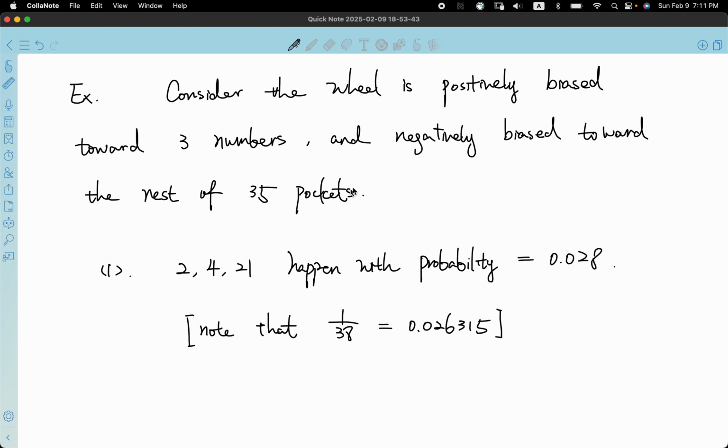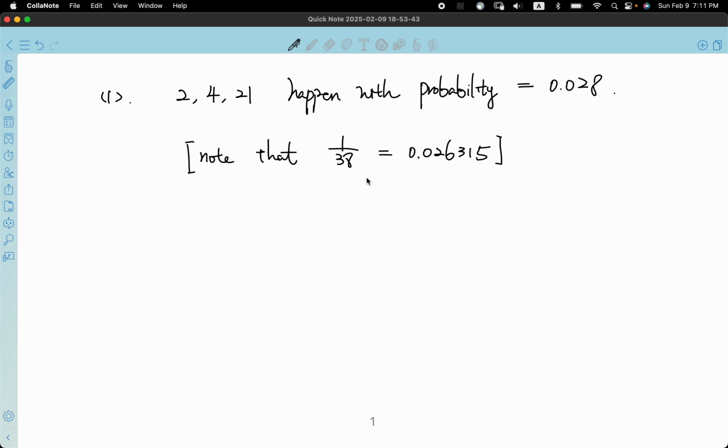Okay, so here we have these 3 numbers with probability 0.028, and in this configuration, that means the remaining numbers have a probability equal to the following.